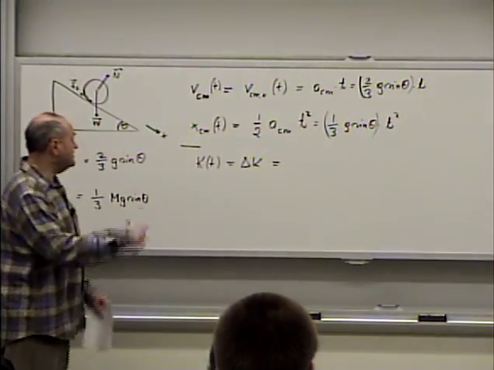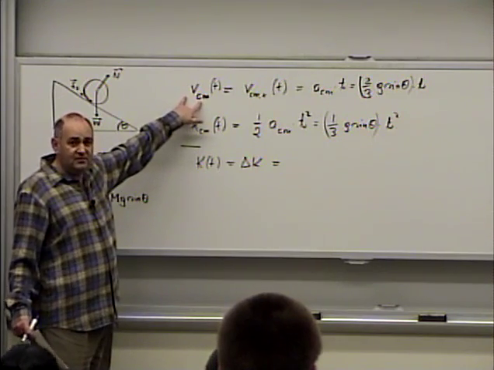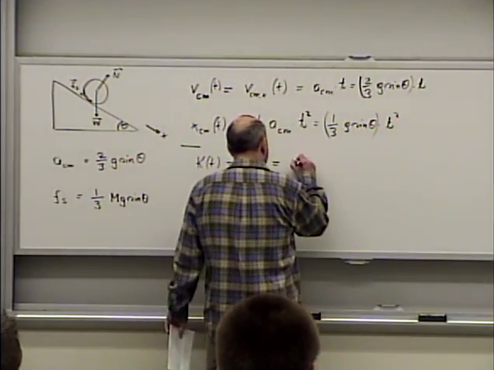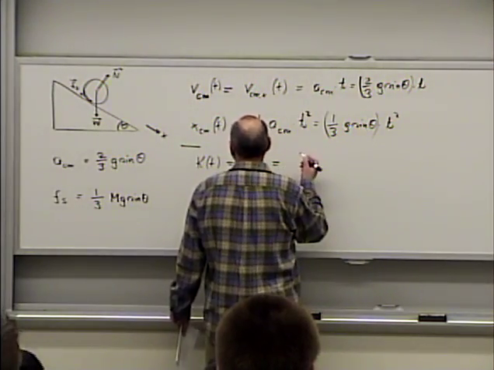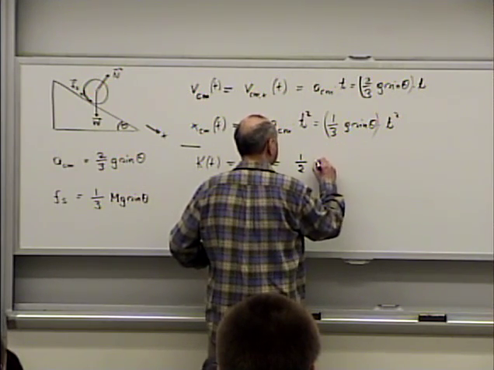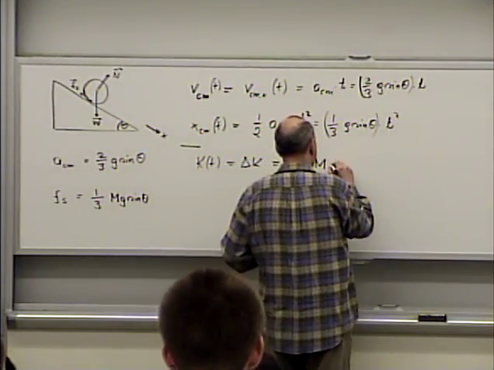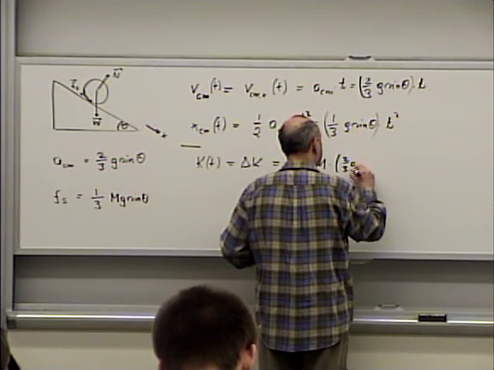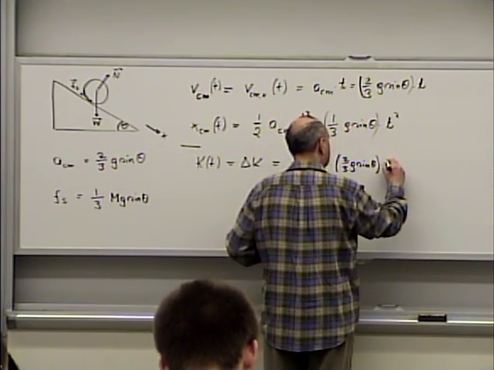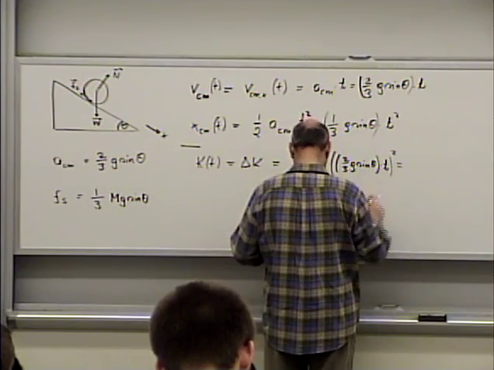And well, let's find it out from the speed of the center of mass, right? Because this is the definition of kinetic energy. So it will be one half the mass of the object times 2/3 acceleration due to gravity, sine of the incline, times t, and I have to square it.